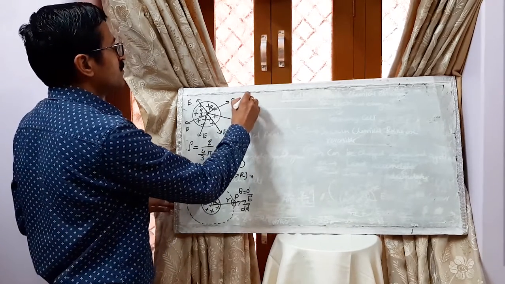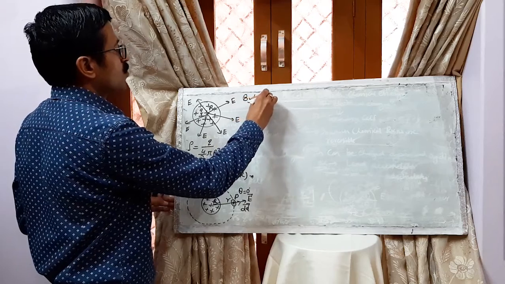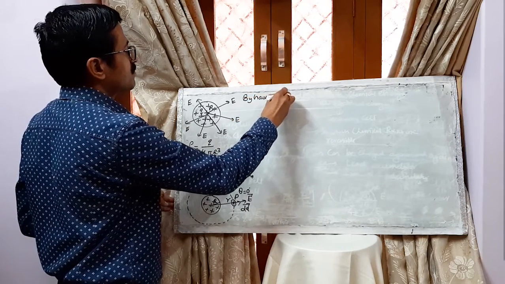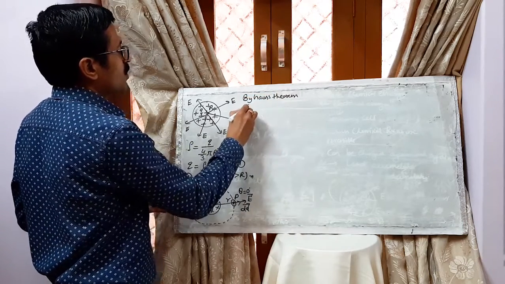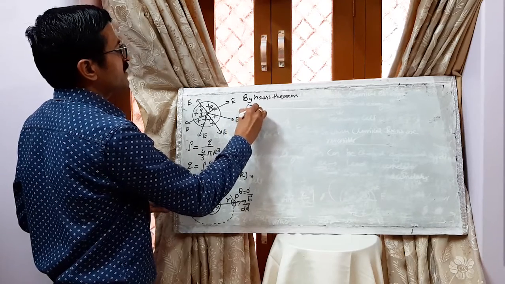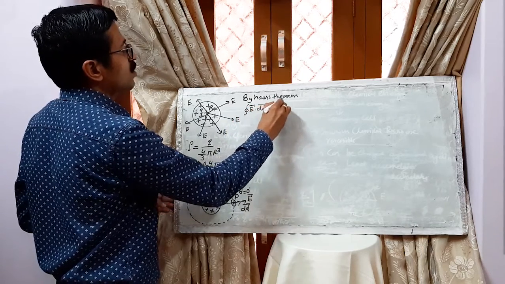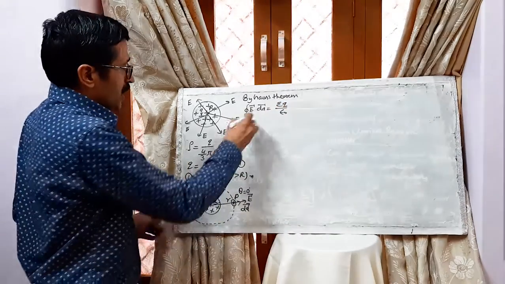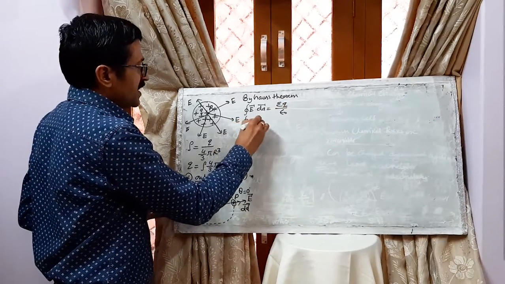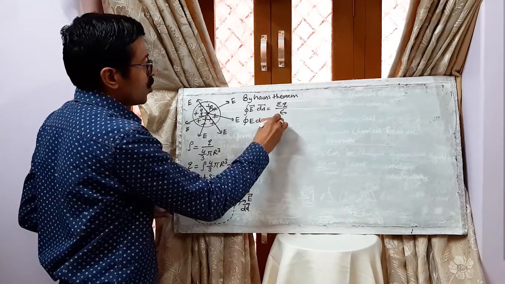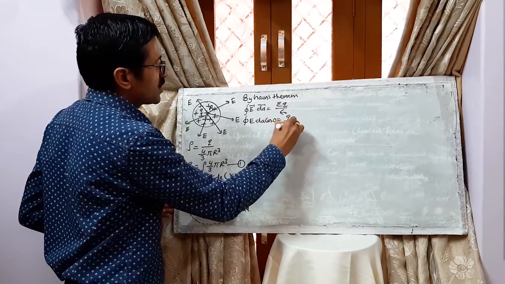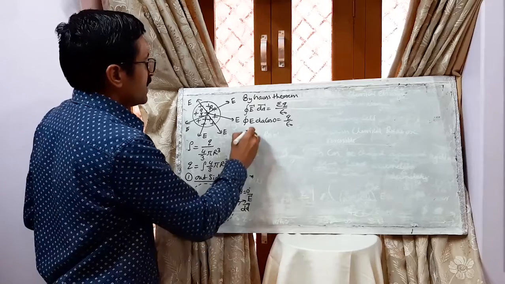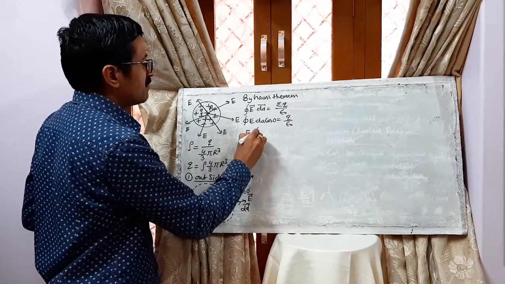Using Gauss theorem, integration E vector dot dA vector is equal to sigma Q upon epsilon naught. Now it will be E dA cos 0 is equal to sigma Q, which will be Q upon epsilon naught. E is taken outside, cos 0 will be 1.